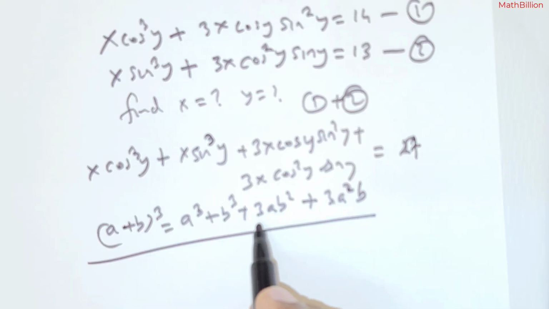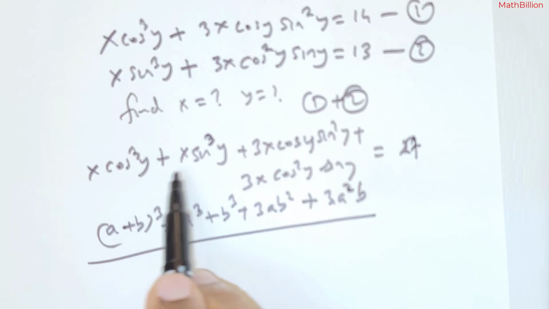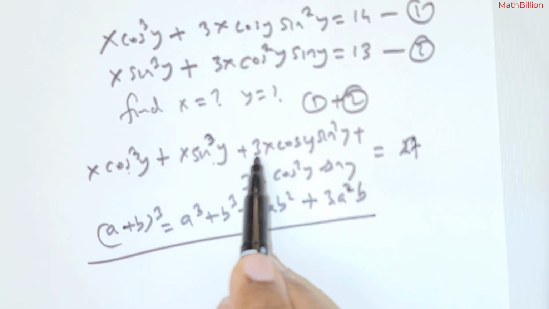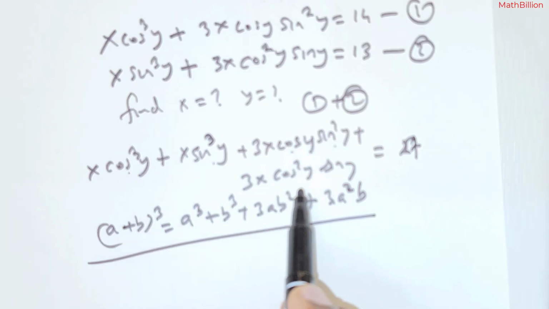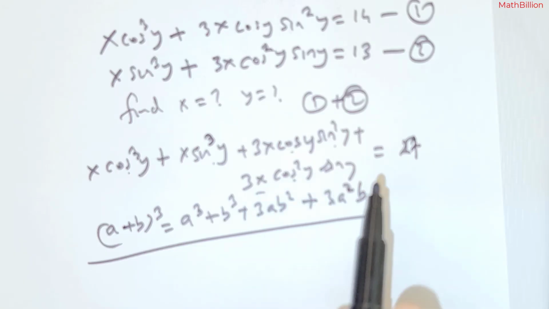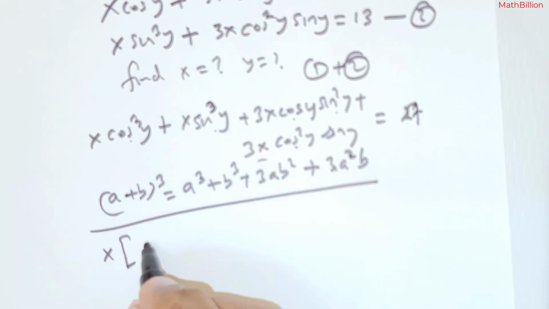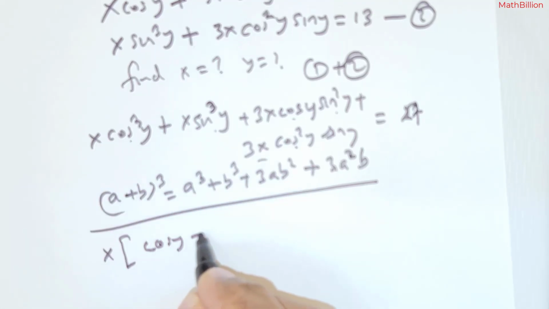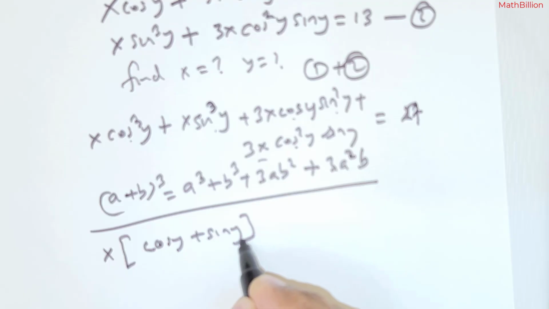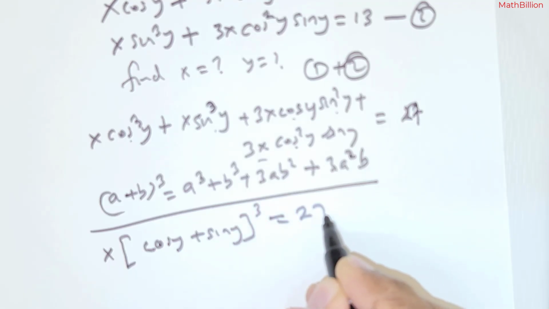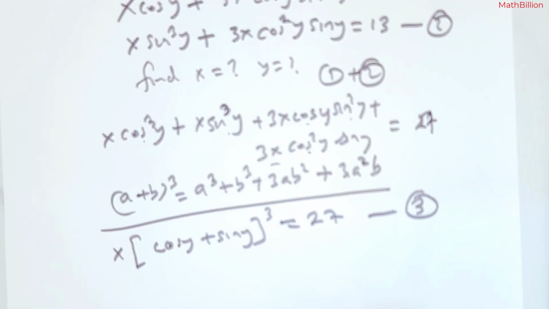So utilizing this formula, you can clearly observe you have a cubed and b cubed, 3ab squared plus 3a squared b. Now if I were to take x out, then I can write this as x times cos y plus sin y the whole cubed is equal to 27. I take this as 3.